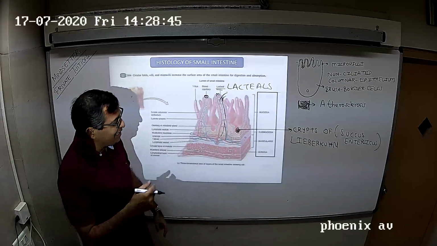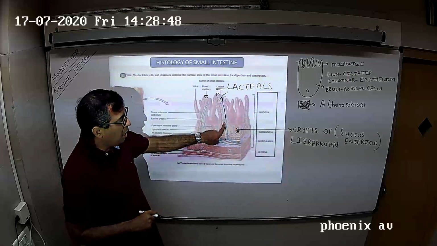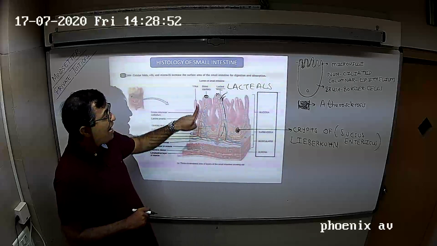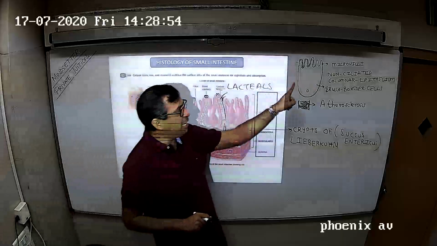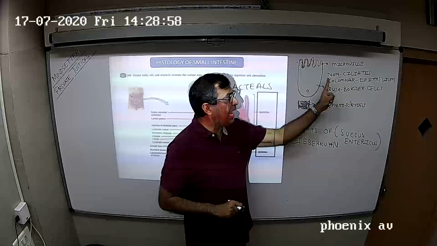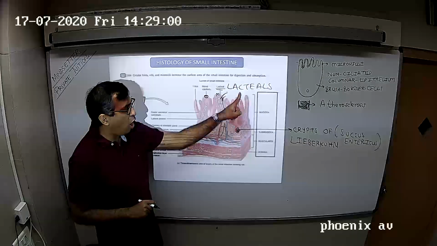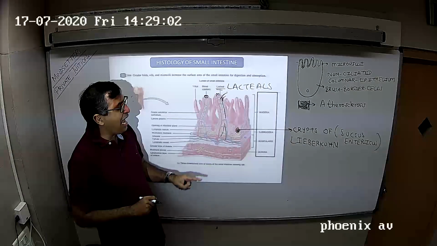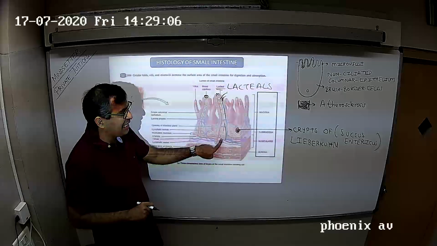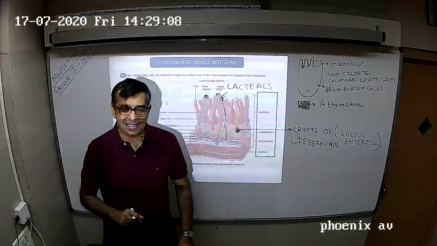So, villi के अंदर क्या खास हमने पढ़ा? Lamina propria expands to form villi. Villi are lined by brush border cells which are called microvilli or non-ciliated columnar epithelium. And villi के बीच में होते हैं lymph vessels which are called lacteals.